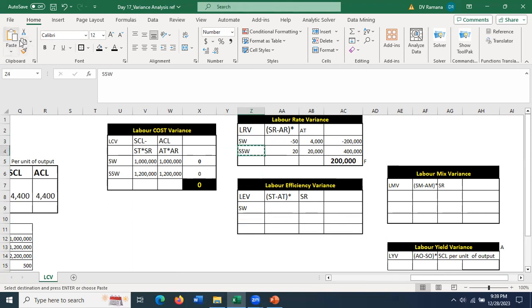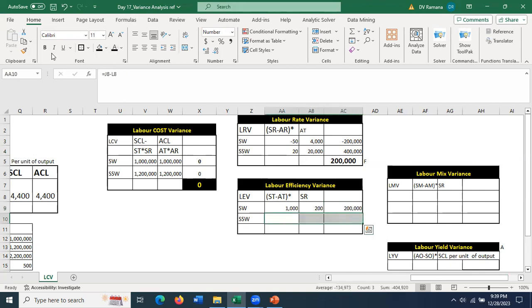Wherever there are cost variances, for every input we should find them. That's why variance analysis becomes meaningful. So standard time minus actual time, we can see that there is a positive variance with respect to the skilled workers. That means I've used less time for the skilled workers. So there is a favorable 200.